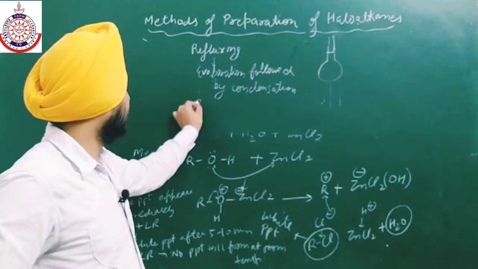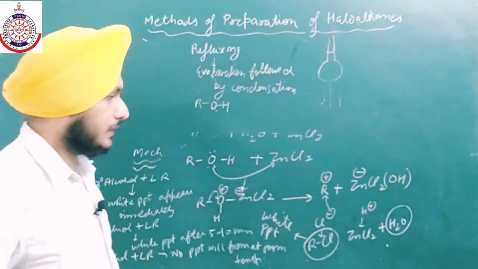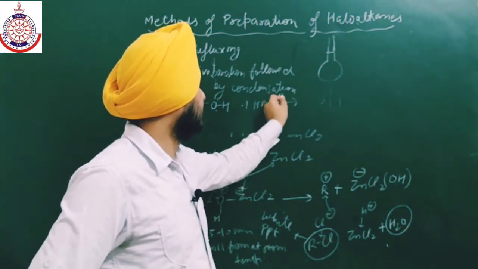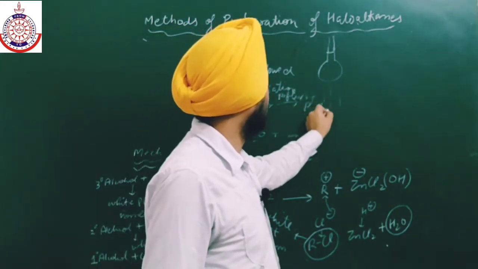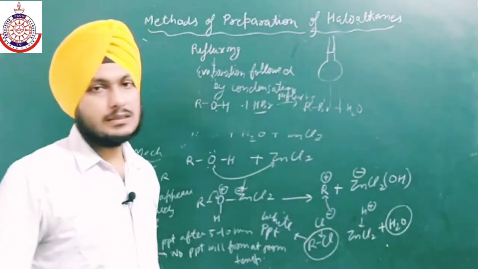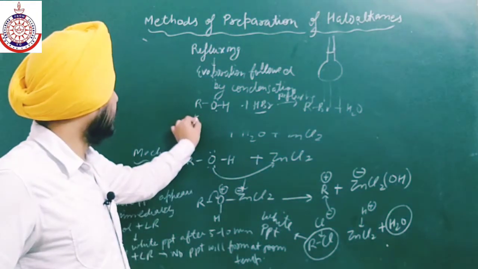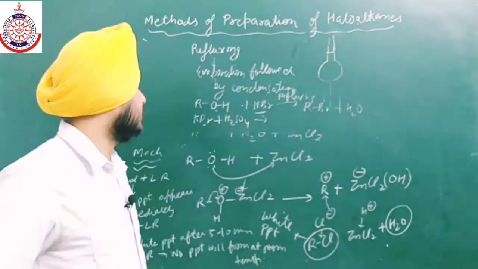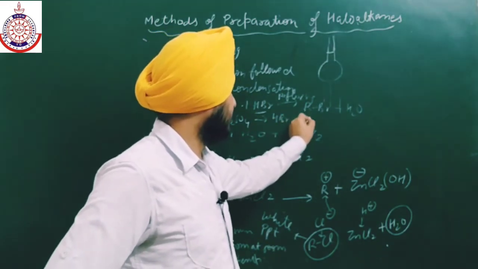And in this method, we will take ROH plus HBr by refluxing, and we will get the desired product RBr plus H2O. Okay, and this HBr is formed in the reaction, in between the reaction also, by the reaction of KBr with H2SO4. By the reaction of KBr with H2SO4, we will get HBr plus KHSO4.